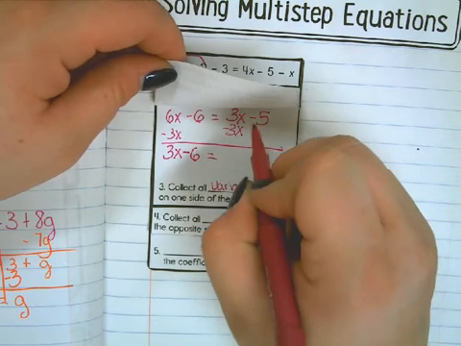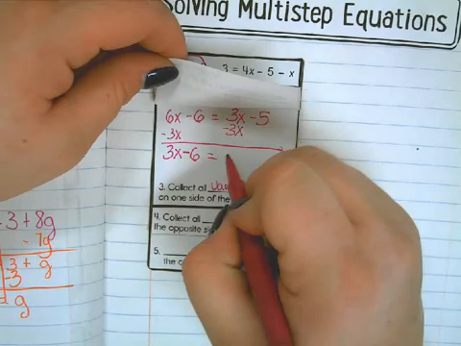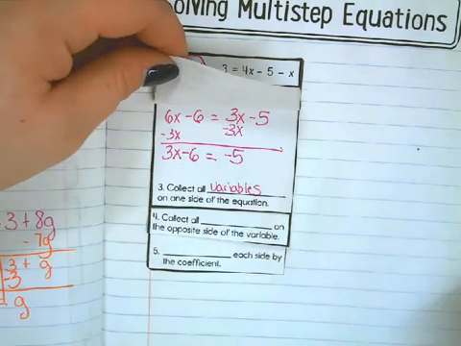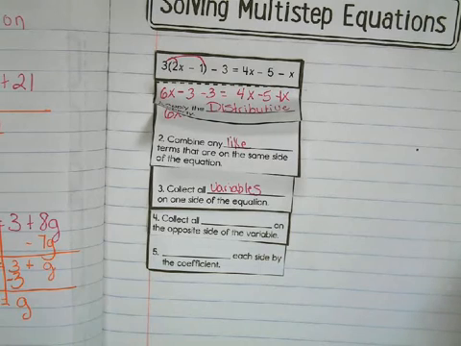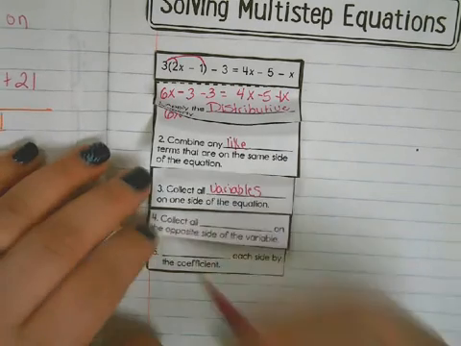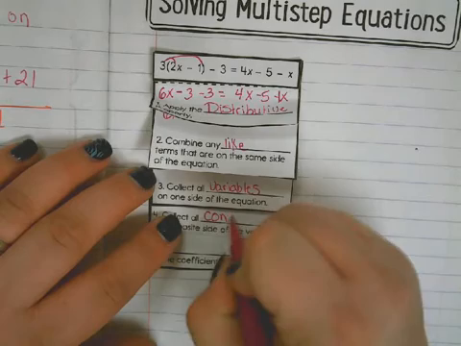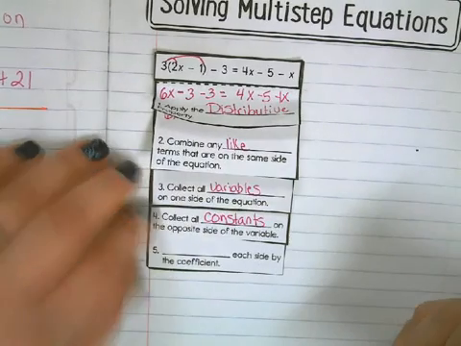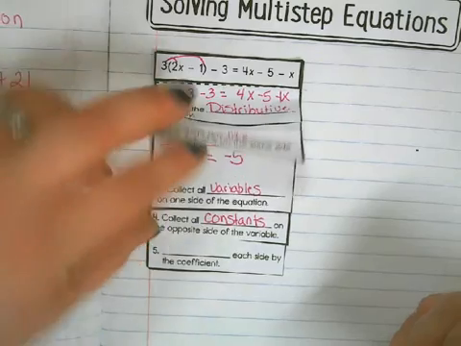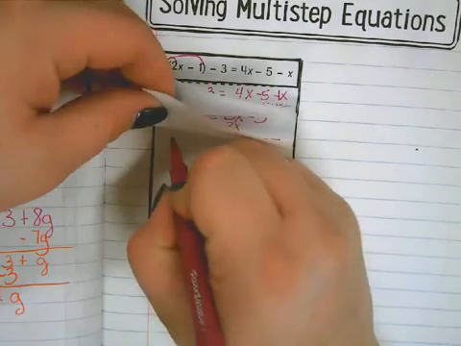Step 4 is going to collect all constants. So your constant is anything without an x, or without the variable. So I'm going to rewrite my equation. So I have 3x minus 6 equals negative 5. So I already have my variable on this side, so I don't want to move that.